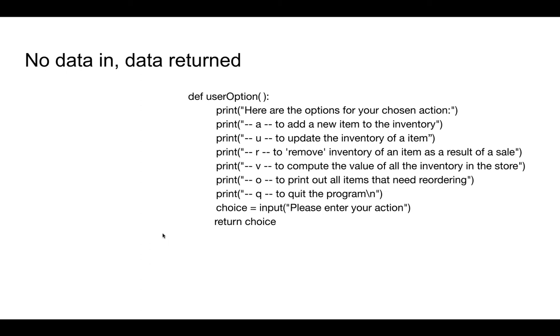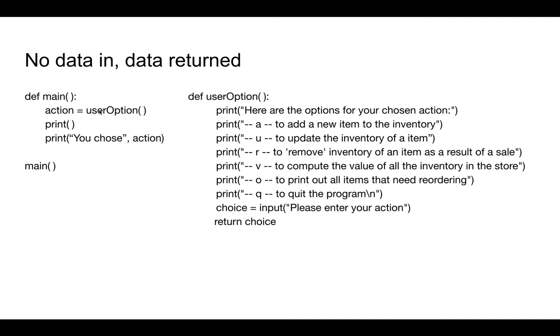Calling this function is a bit different than when we called our original menu function, because now we have to have a variable that can receive the value returned by the function. The way to think of this is that the call to userOption on the right-hand side of this assignment will be replaced by the value that is returned from the function.